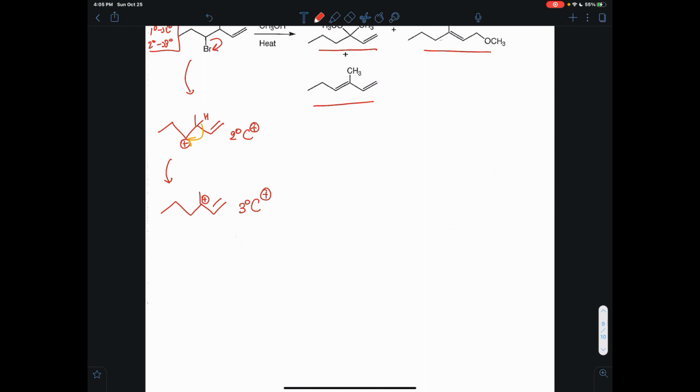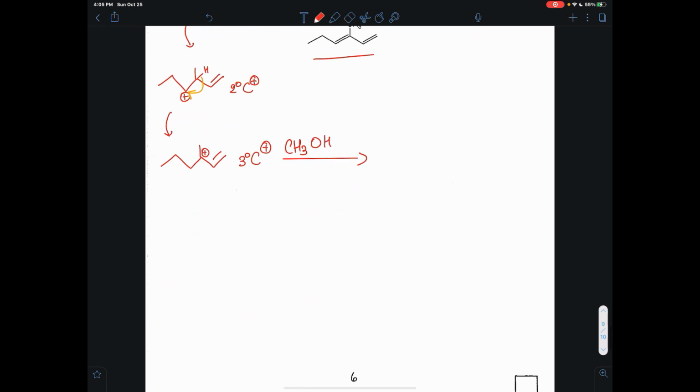Let's first just do the SN1, the easy part, where I'm just gonna have the CH3OH, yeah, CH3OH, with the lone pair on the oxygen act as a nucleophile and attack the electrophile, the positively charged carbon. I'm gonna end up with a double bond right here, with an OHCH3, and then there is a positive charge right here. Now to get rid of this positive charge, I need to deprotonate.